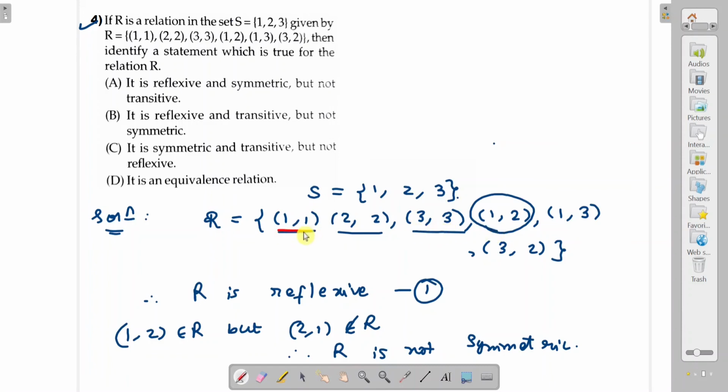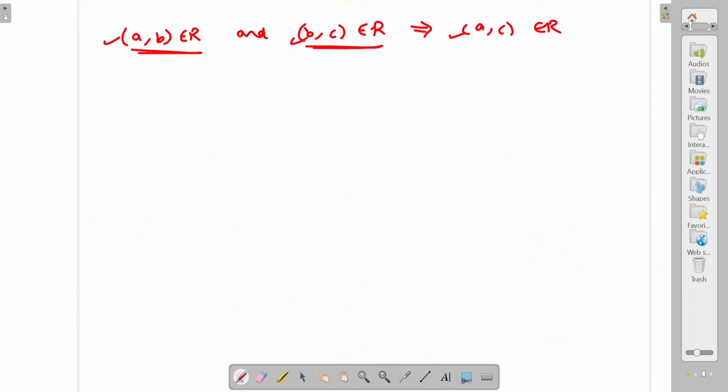First of all, we have this (1, 1) and (1, 2), right? So there is the instance wherein we have the first two elements for checking the condition.